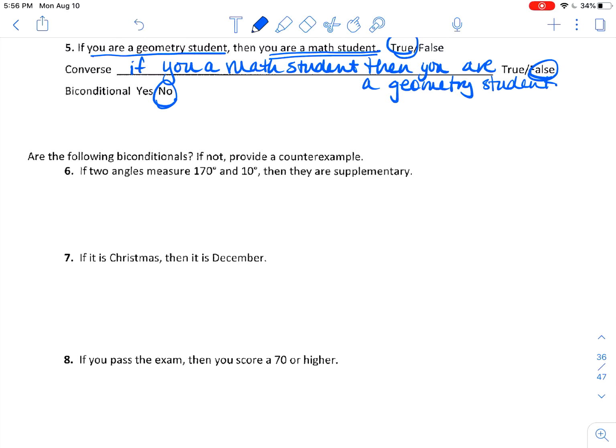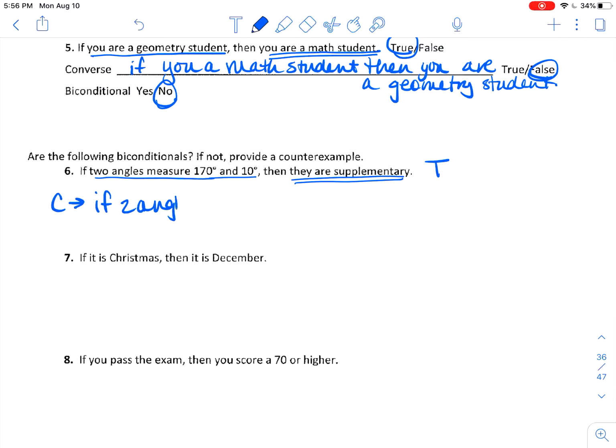Are the following biconditionals? If not, provide a counterexample. So in number 6, if two angles measure 170 and 10, then they are supplementary. This is our conditional statement, and that's true. Because remember, supplementary angles add up to 180. So let's see about the converse. Let's switch.